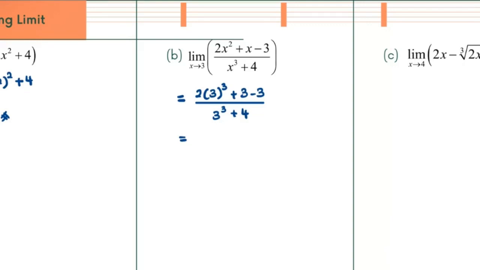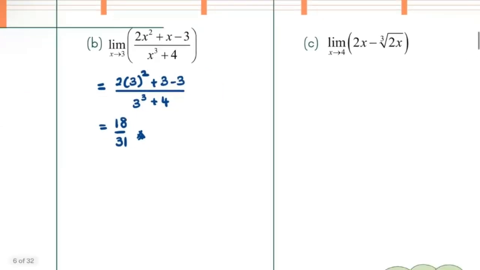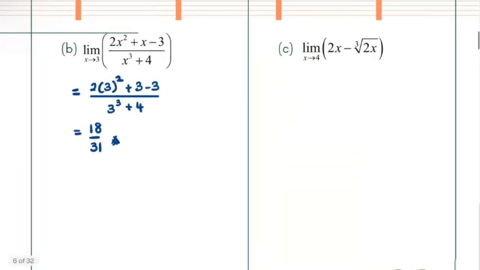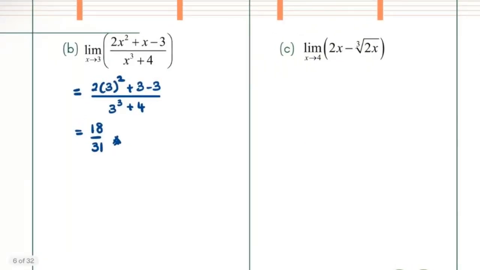Ya, kuasa 2. Oh yes. Thank you. Okay, ni berapa? 9, 18 per 27 tambah 4. So dapat 18 per 31. Okay, so this will be the final answer lah. Jangan risau, PSBM memang tak akan bagi sesenang macam ni. Okay, ni pengenalan saja. Sebelum ke arah susah, kita kena belajar yang senang dahululah.